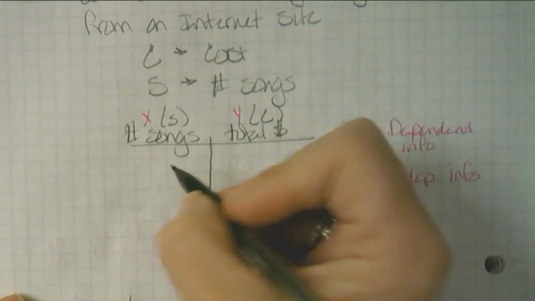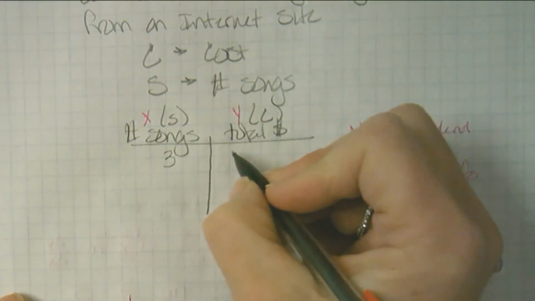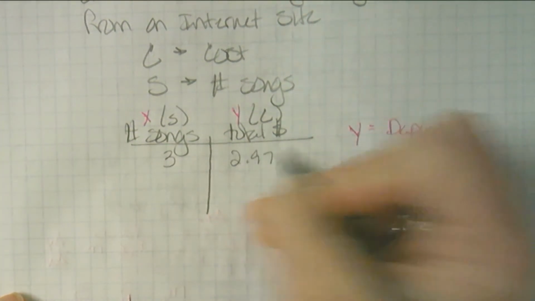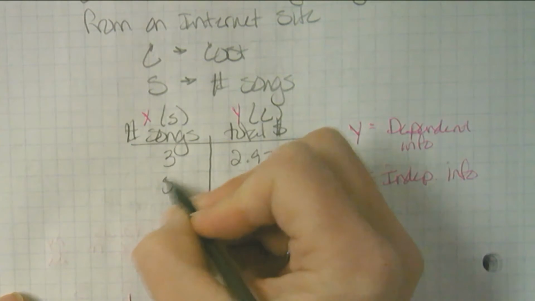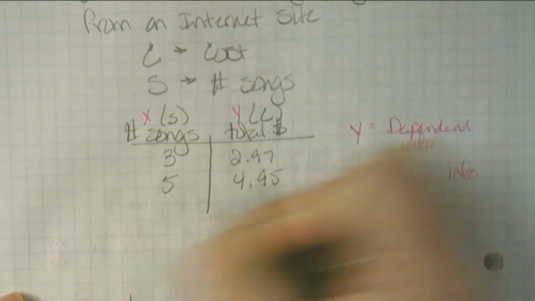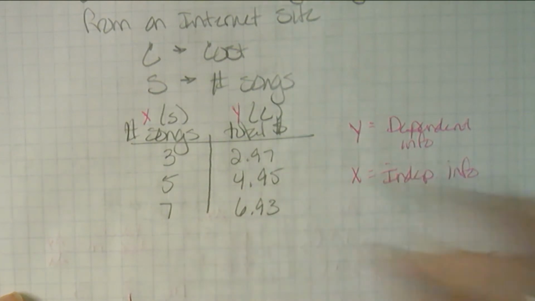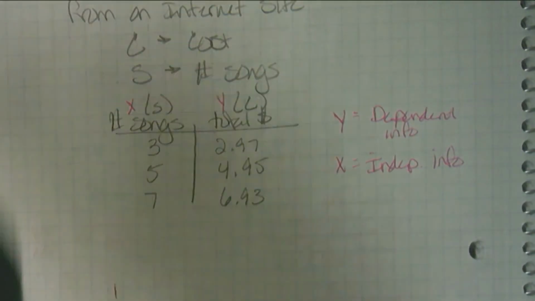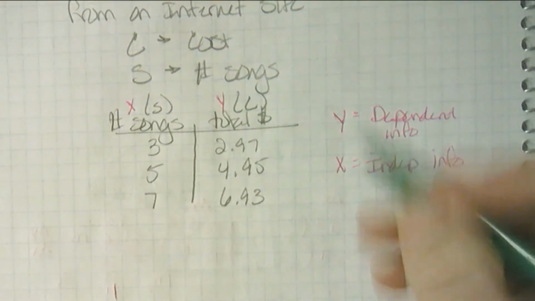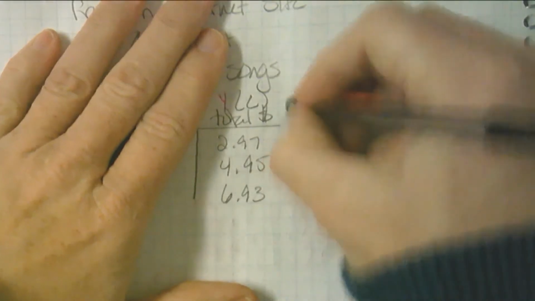All right, so for 3 songs, it's $2.97. For 5 songs, it's $4.95. And for 7 songs, it's $6.93. So what I want to do, I can imagine you know what I'm going to say to you.